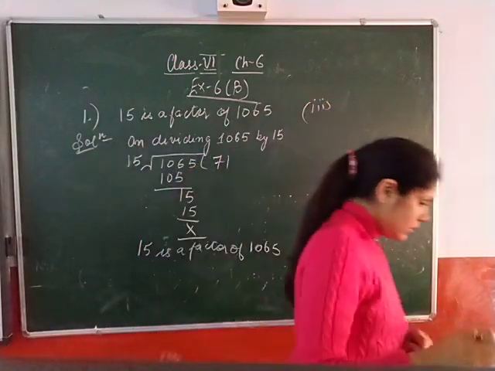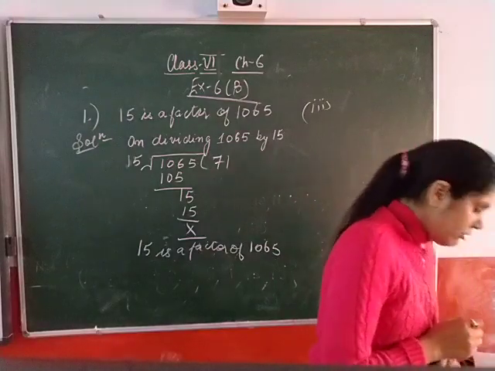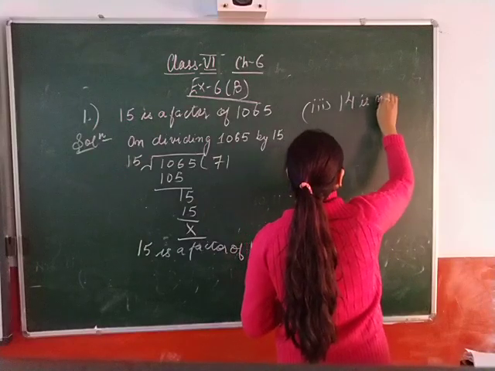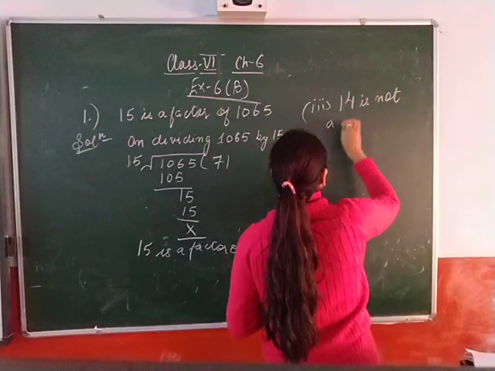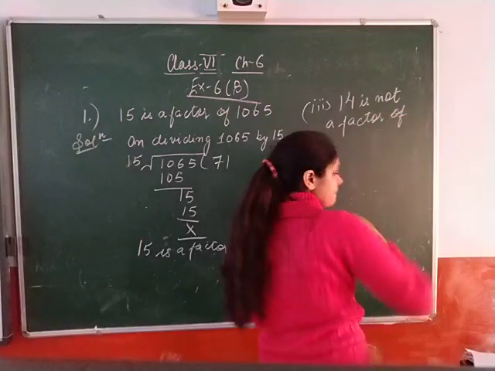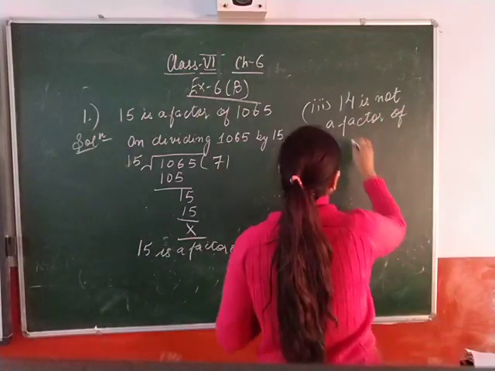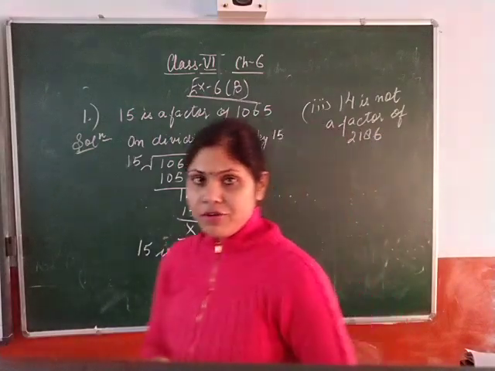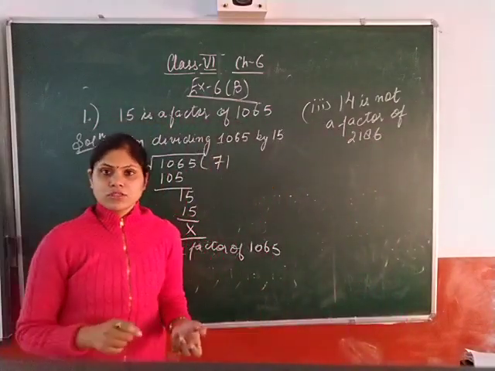Come to the third one. The same: 14 is not a factor of 2186. Let us check. If the remainder does not come 0, that means it is not a factor.